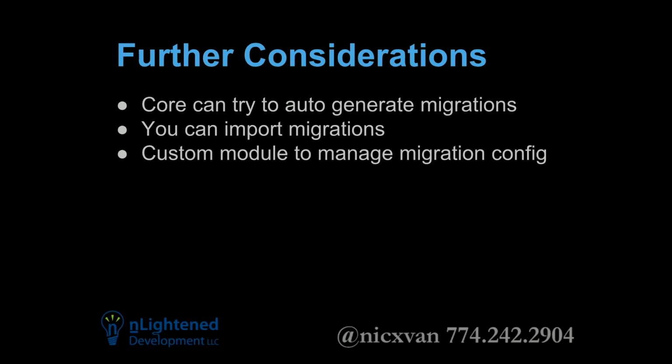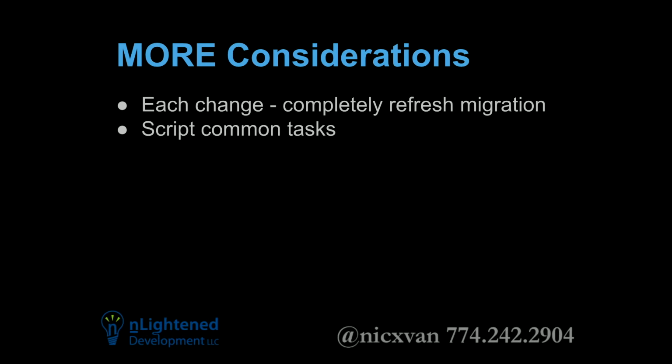I recommend the custom module just because one of the things about the way migration works is every time you make a change, you have to completely remove the migration and re-import it. You can't just make a change and clear cache. If you import it with configuration management, at least in my experience, you couldn't make a change to it through the UI.